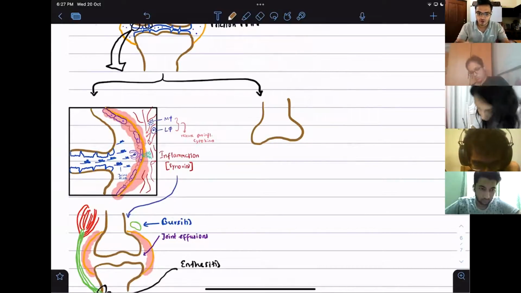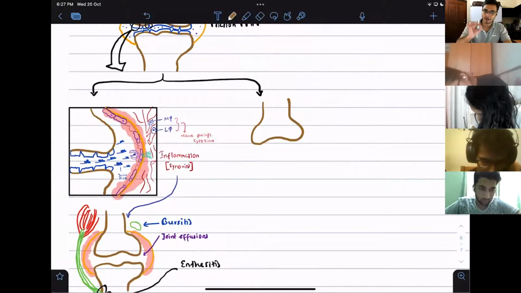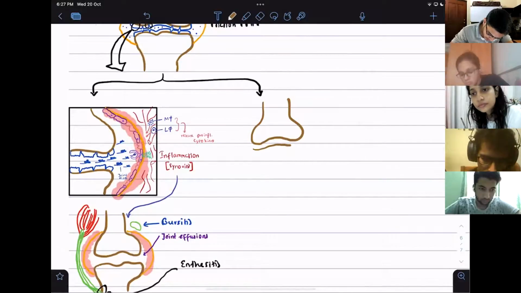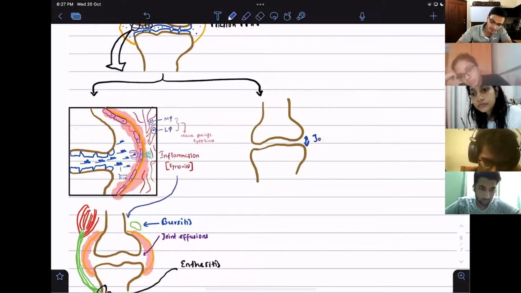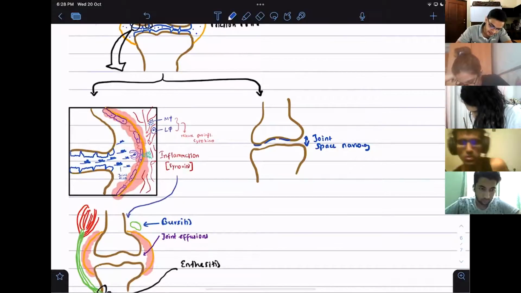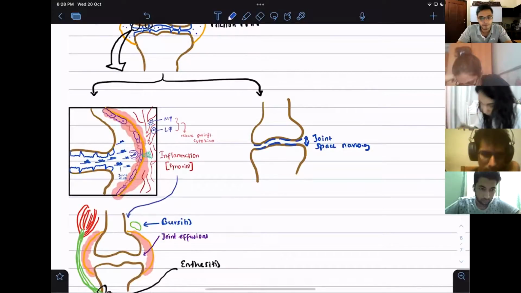Eventually, the cartilage gets degraded so much that the joint space, this space between the joint, starts narrowing. Joint space narrowing, as the cartilage becomes weaker and weaker.